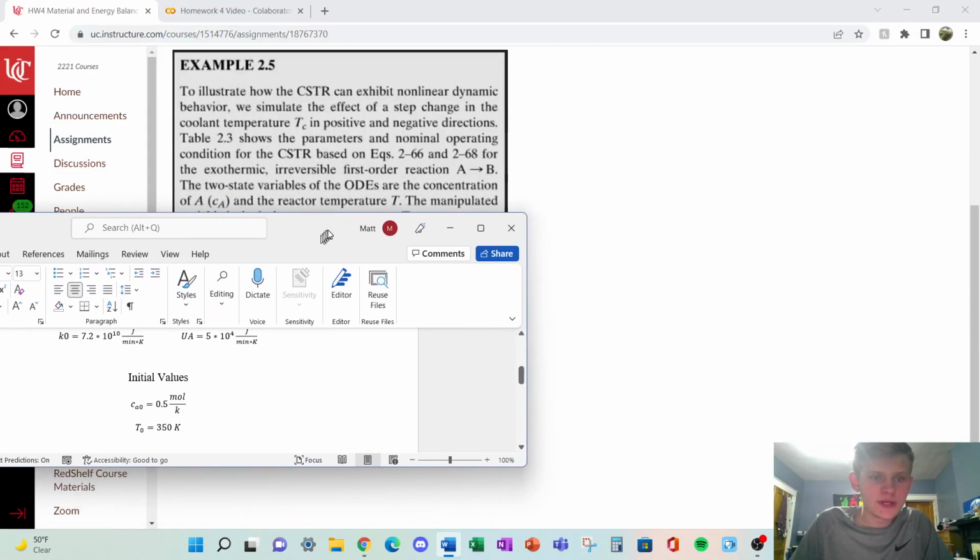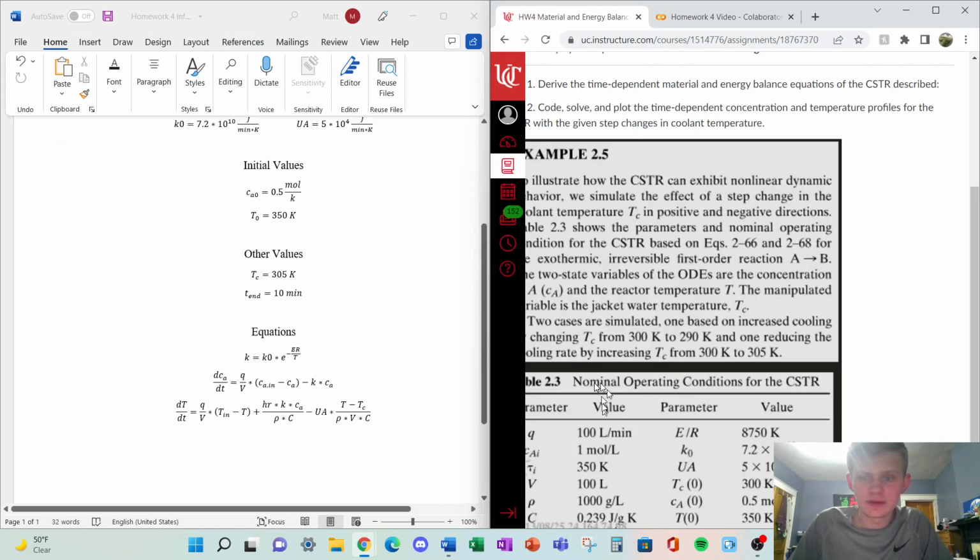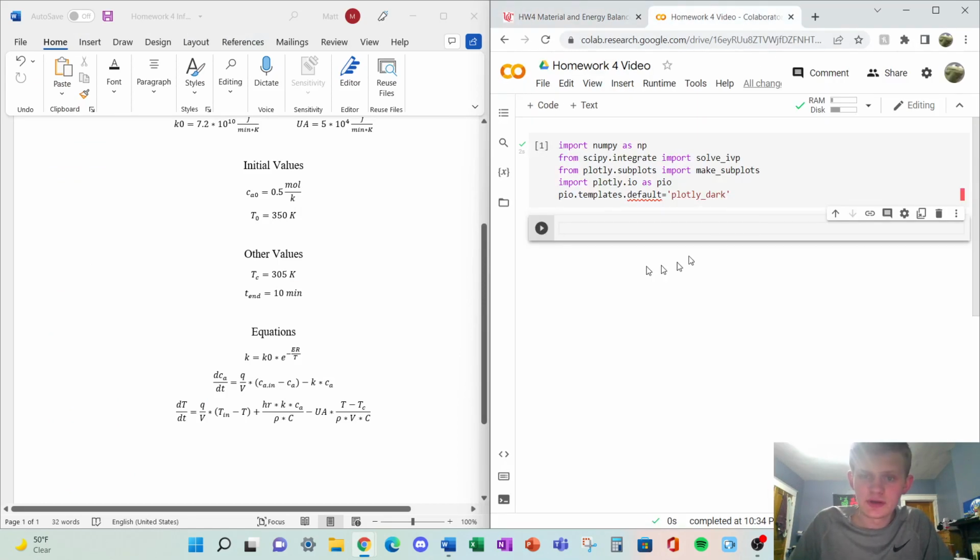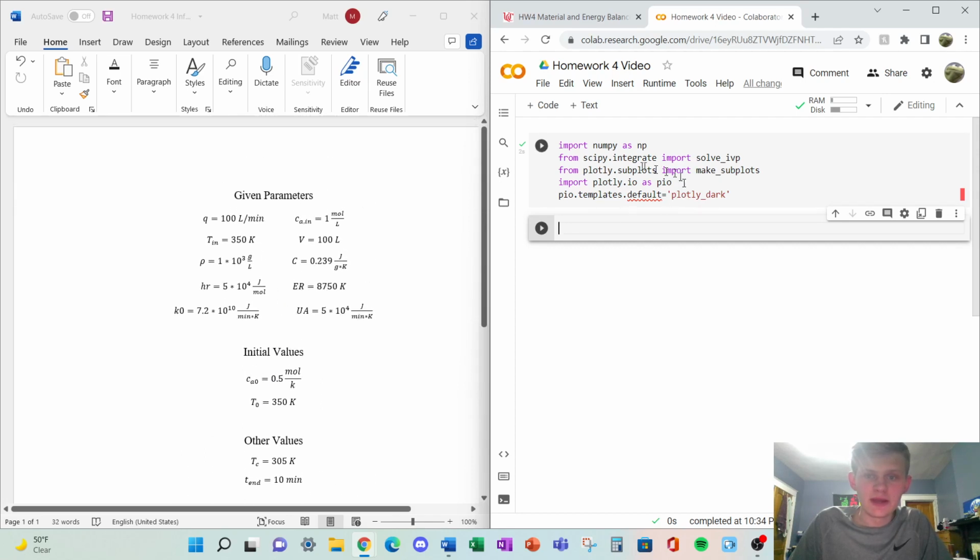So from here, we can split our screen into 2 parts and start to code with all of our given values. As you see already, I have all of the tools we're going to need imported, such as NumPy for numerical work, and SciPy integrate with solve IVP to use an integrand function to create our plots.